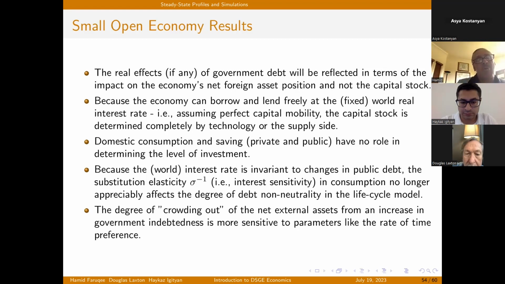In this model, saving and investment can vary from each other. National savings would be a function of both public and private savings. Investment is pinned down by the supply side. And so S minus I will vary depending on the debt shock, and that'll have implications for the current account and NFA. And that's effectively the thought experiment that goes on in this part of the exercise. Next slide, please.